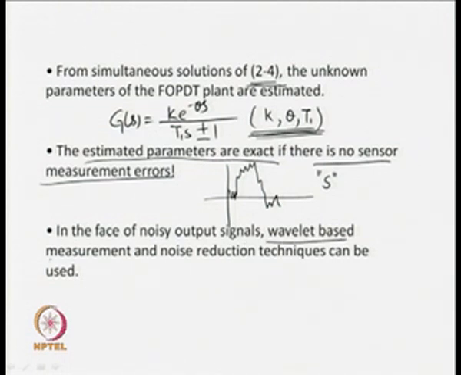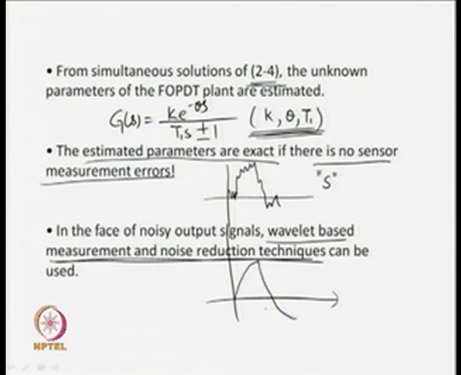Wavelet based measurement and noise reduction technique can be made use of to obtain a clean signal from the noisy output signal. So, the noisy output signal can be filtered of all the noise components, and then we can get some smooth output signal of this form. Now, this smooth output signal may enable us to make all the 3 important measurements accurately. What are those measurements? The initial slope S, peak amplitude Ap, and the half period pi by 2.